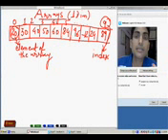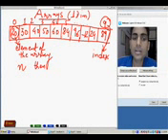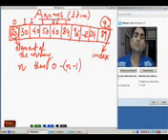If the total number of elements in a one-dimensional array is n, that is, n is the size of the array, the total number of elements, then our index number, or the subscript or the positional index, will start from 0 and go up to n minus 1.